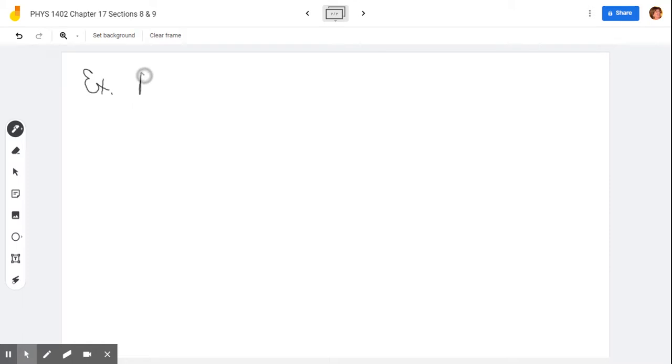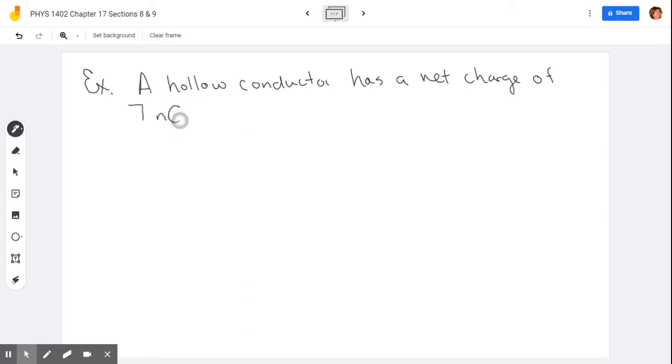Suppose we have a hollow conductor that has a net charge of 7 nanocoulombs.